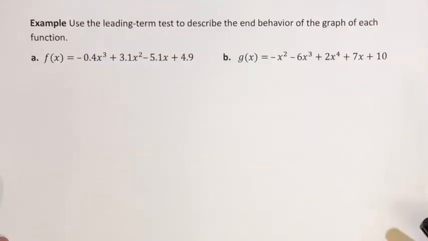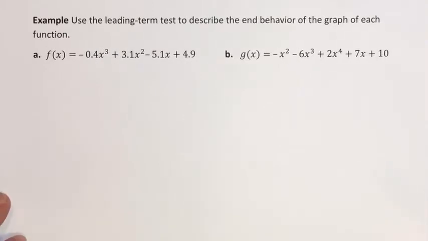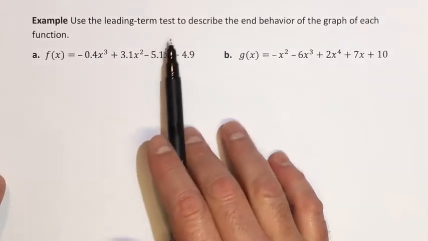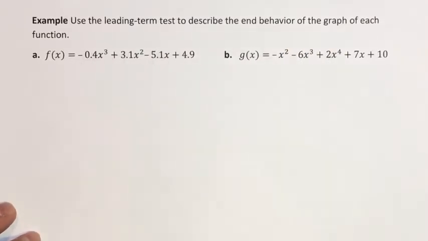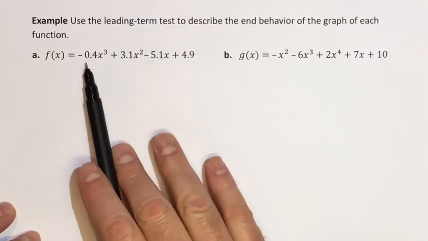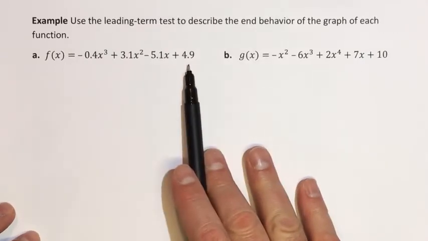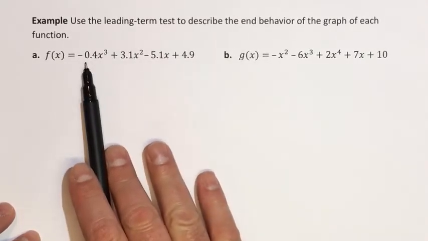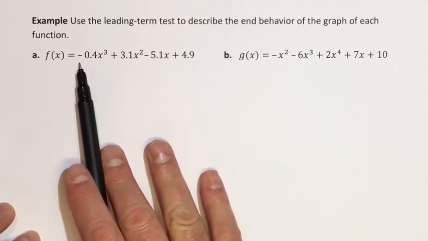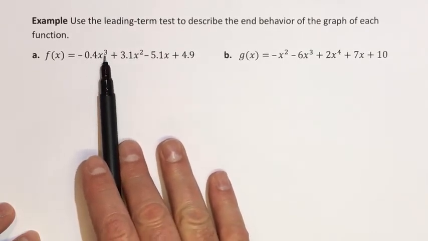So let's consider an example. Use the leading term test to describe the end behavior of the graph of each function, okay? Now this particular function in part A is written in decreasing order, okay? So our leading term is negative 0.4 x cubed.